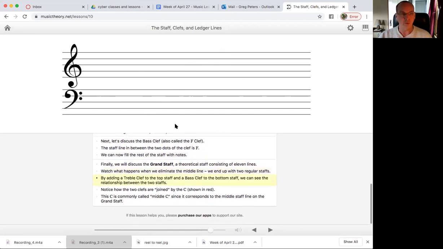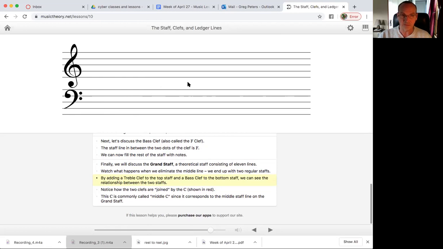So here we have a bass clef and a treble clef. What is going to link them together is our middle C, and I'll show you how that works here. In bass clef, we've already established this fourth line is an F, followed by a G in the fourth space up, followed by an A on that fifth line. A B would rest right on top of the staff.